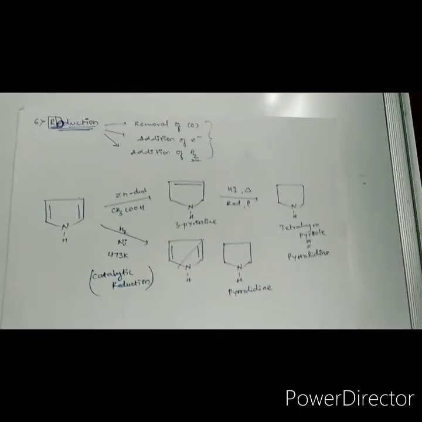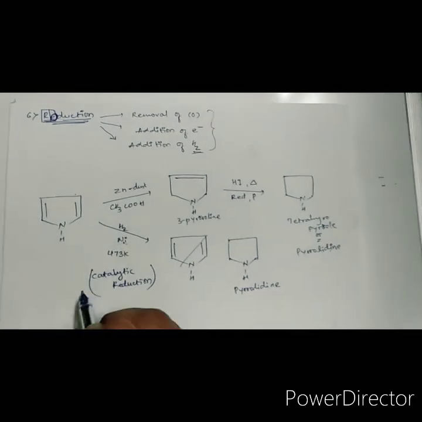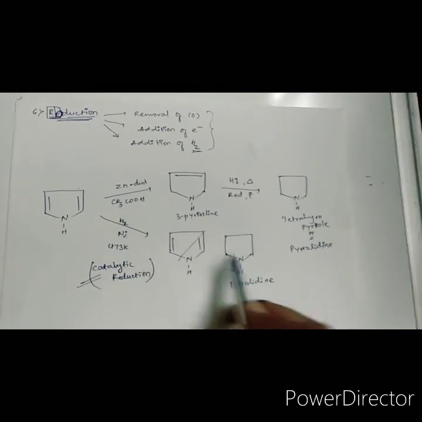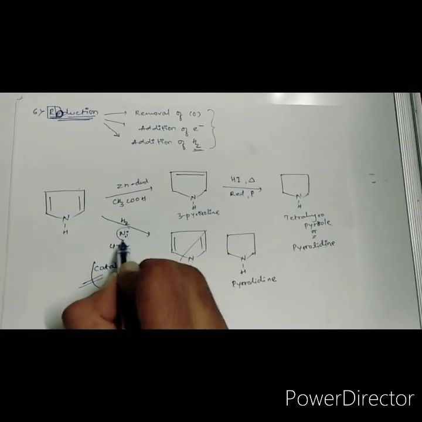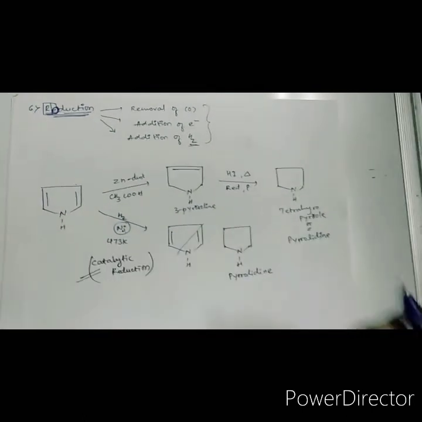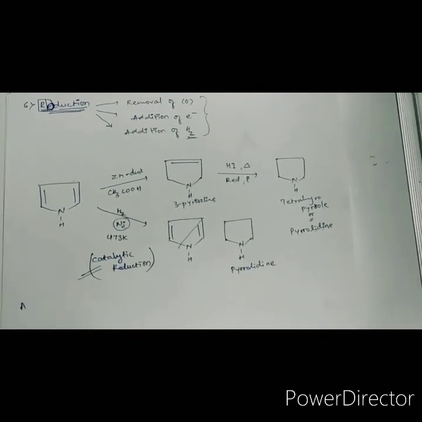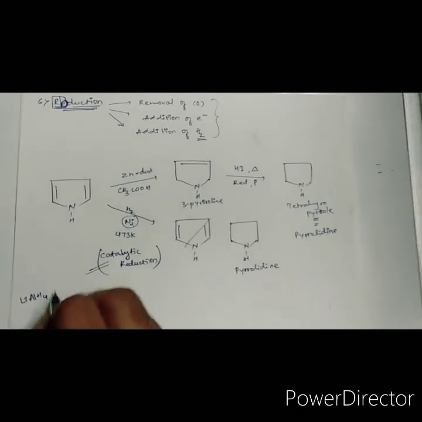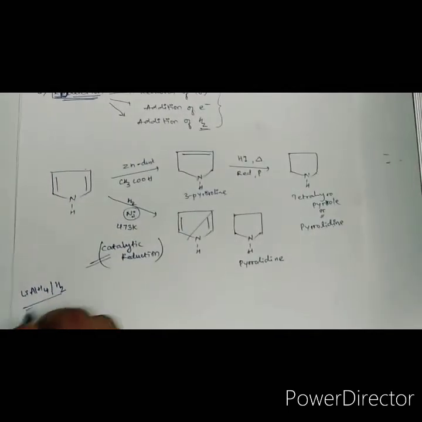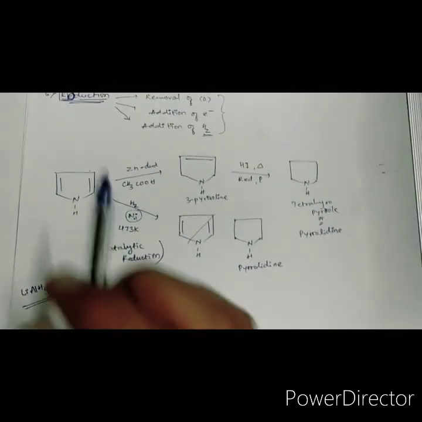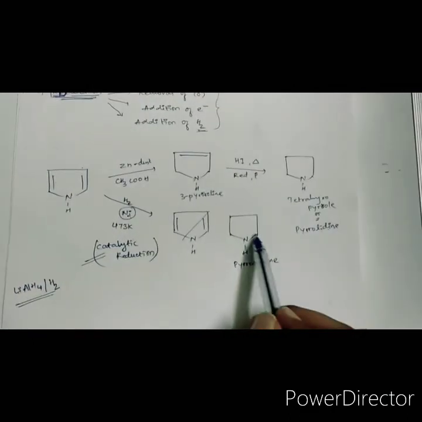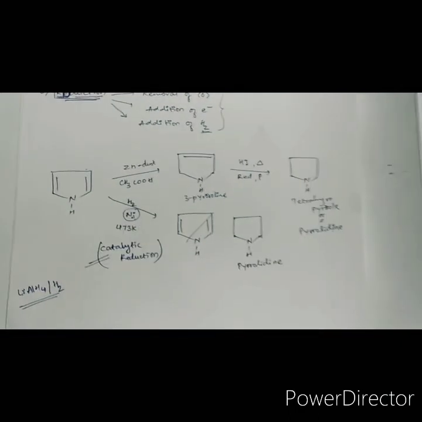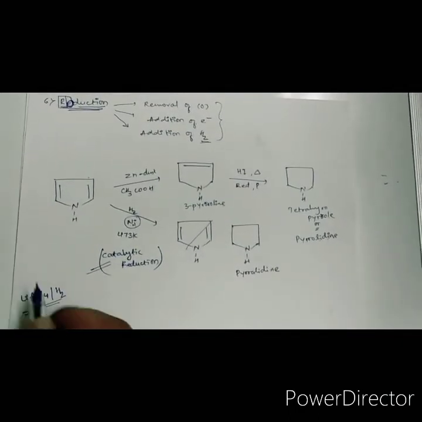Most reduction reactions are carried out by the catalytic reduction process, wherein hydrogen is directly used for reduction of unsaturated bonds in the presence of a catalyst. One catalyst is nickel. Other reagents like LiAlH4, lithium aluminum hydride, are also used; it is one of the best reducing agents for reducing unsaturated bonds to saturated bonds.